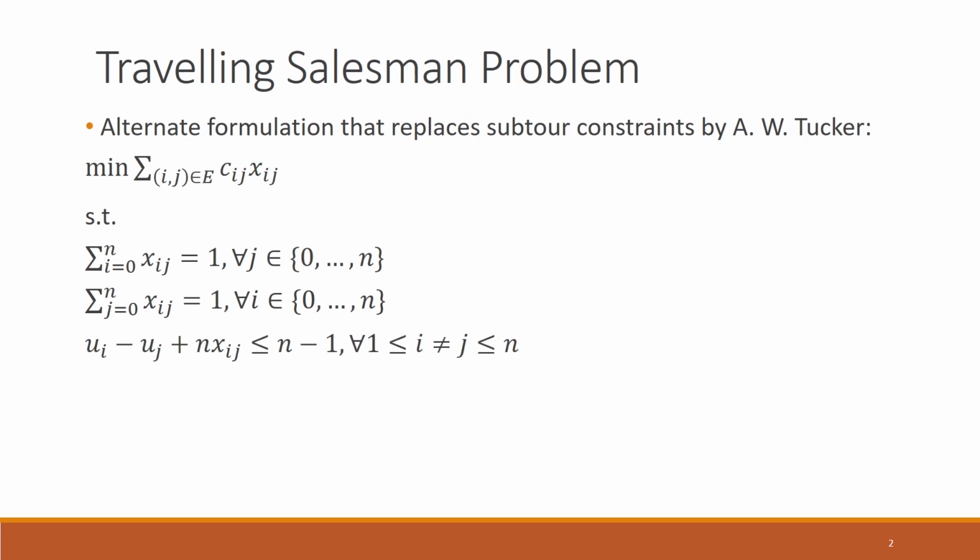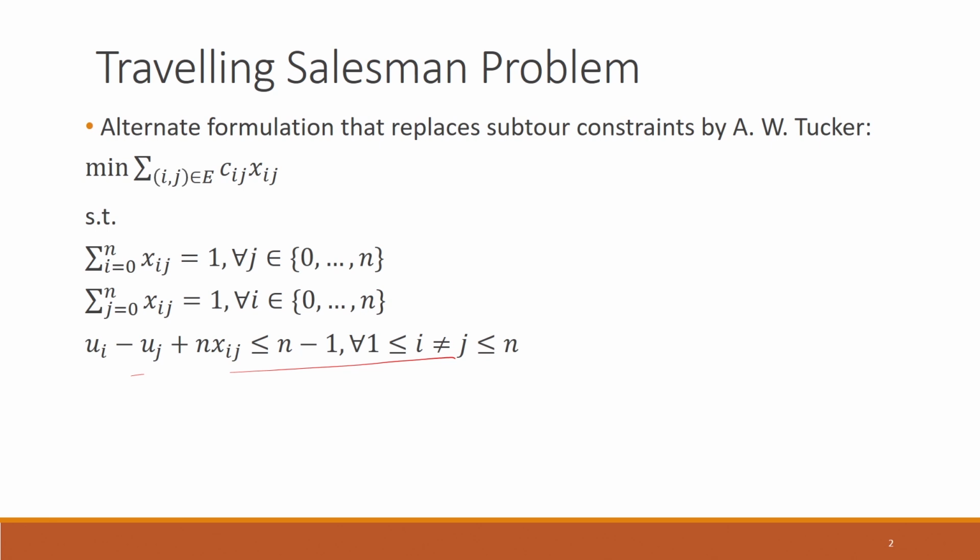We are now introducing this new set of constraints in place of the subtour elimination constraints. So, here we have ui minus uj plus n xij less than or equal to n minus 1, and this holds for every pair of nodes i and j, such that nodes i and j belong to the set 1 till n, so excluding the node 0, and the nodes i and j should not be the same.